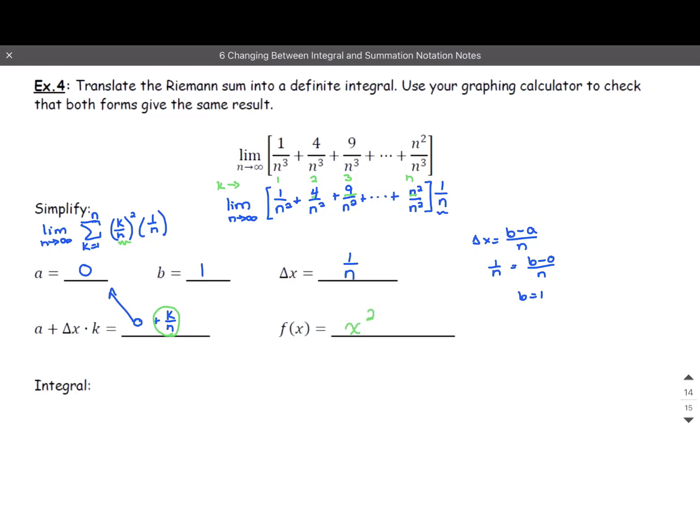That means our integral from a to b is 0 to 1. Our function is x squared, and then this delta x becomes dx. Now we're going to go to our calculator and make sure that the summation came out to the same answer as the integral.